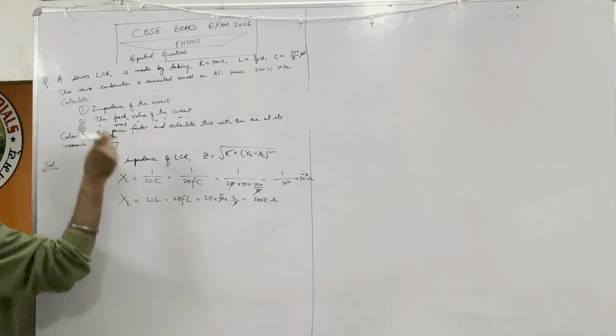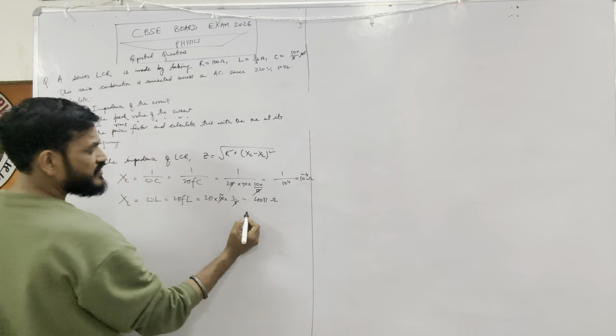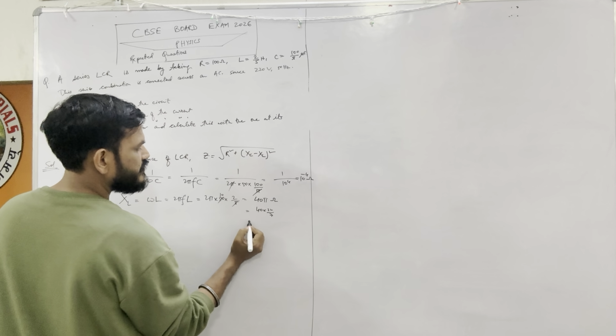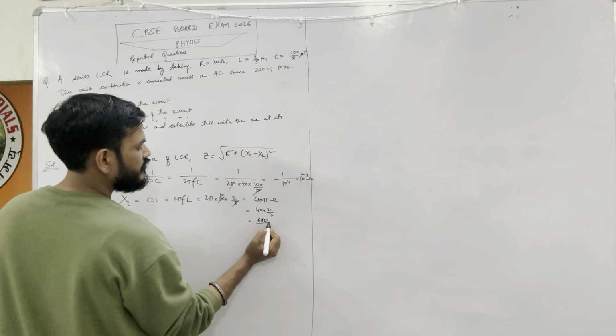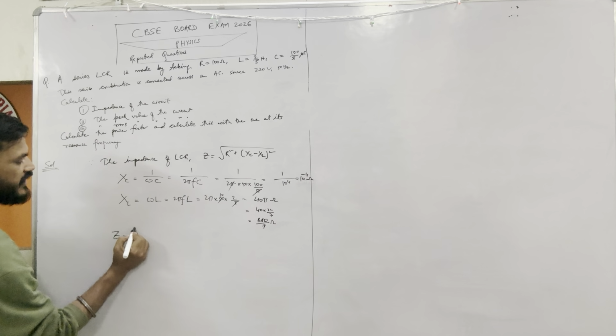So using these two values we can actually solve this. Pi is 22 by 7, 40 into 22 by 7, so it comes out to be 880 by 7 ohms.